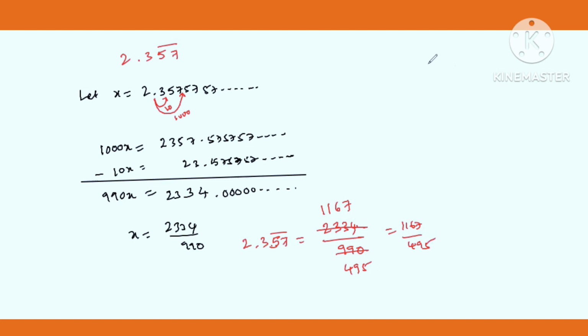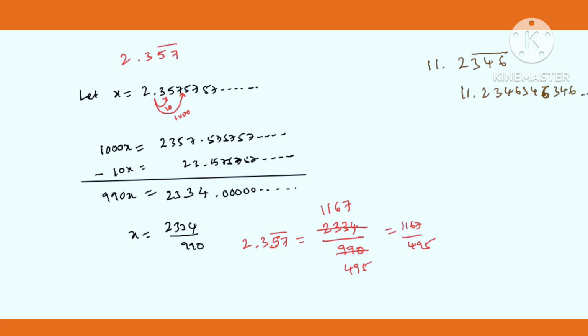Here, for example, the decimal number is 11.2346 with the bar on 346. So what do we get now? 11.2346346346. In this case, what do you think?